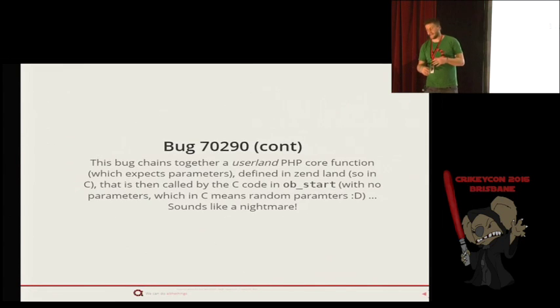But yeah, so the problem is that you're using a userland function, and you are then calling the C-level stuff, and the C function is expecting parameters, but you're not passing parameters, so hey, it just makes up random parameters. And it was a bit of a nightmare debugging, but I found it.